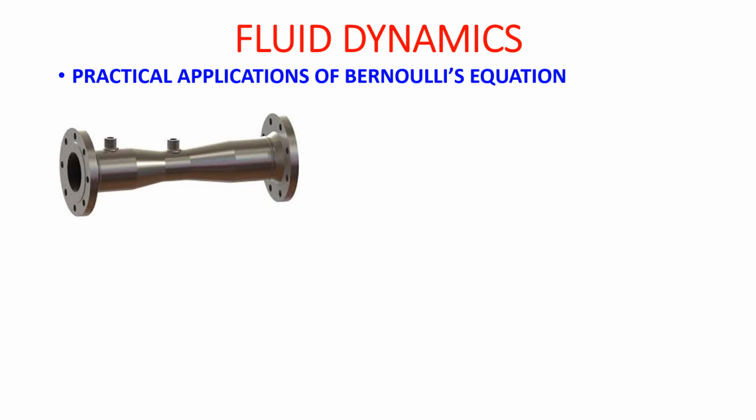Then next, what are the practical applications of Bernoulli's equation? Where to apply this particular equation? First, let's take a look at these devices. This is a venturimeter, which has cross sections like the convergent section, throat section, and divergent section. This is one application of Bernoulli's equation. Second, you can see here an orifice meter.